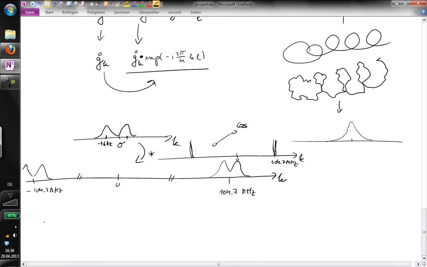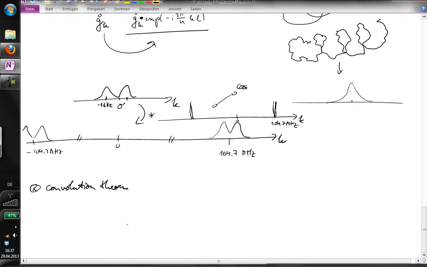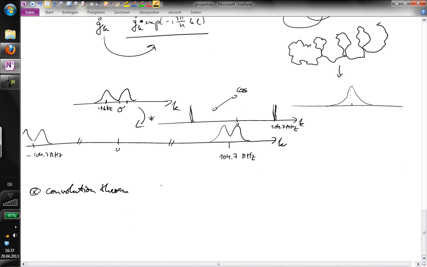Okay, but it's really already this famous convolution theorem that I'm talking about. The convolution theorem says that if I have the Fourier transform of A convolved with G, this is the same as taking the pointwise product.